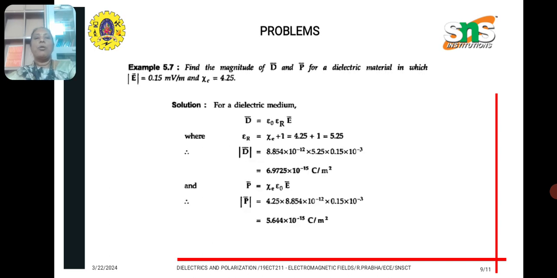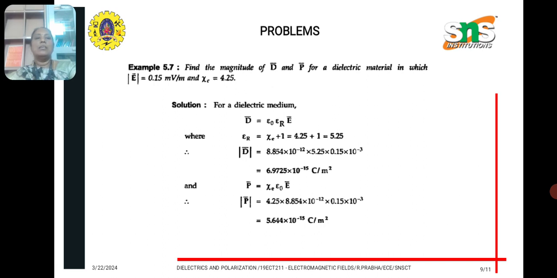As the problem is given, we find the magnitude of D and P for a given dielectric material in which E is equal to 0.15 millivolts per meter and Xe is given as 4.25. We know the formula for a dielectric medium: the displacement density vector D is equal to epsilon E. So epsilon naught epsilon r, where epsilon r is obtained by 1 plus Xe.